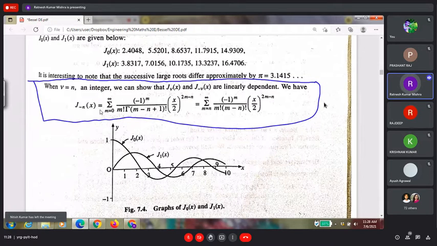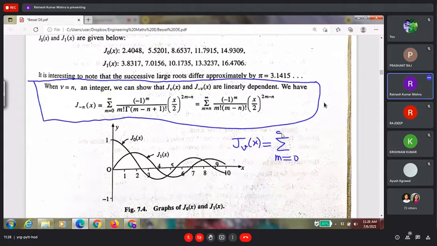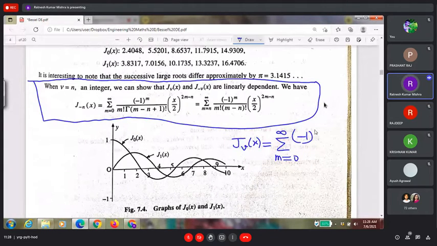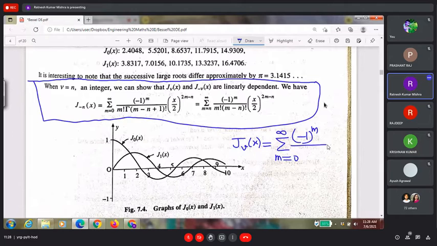So in the formula of Jv, in this case, यहाँ चाहो तो यहाँ एक साइड में लिख लेते हैं. This is the sum over m equal to 0 to infinity of minus 1 to the power m, divided by factorial m gamma m plus v plus 1, times x by 2 to the power 2m plus v.